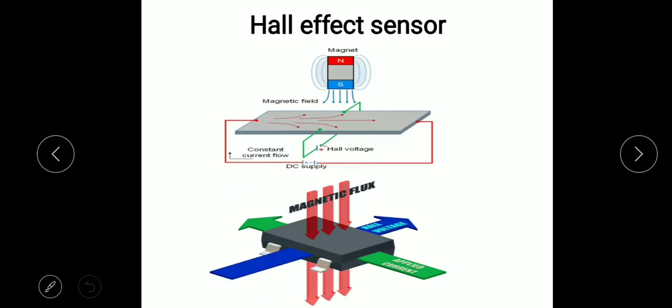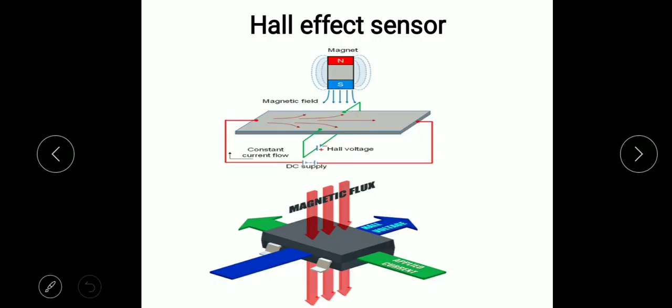The Hall effect is an important property used in electronics, and it is a measure of magnetic field. We can say that when a thin conductor, which you can see here, is powered by a DC supply from a battery, the current will pass through the conductor in a straight line.